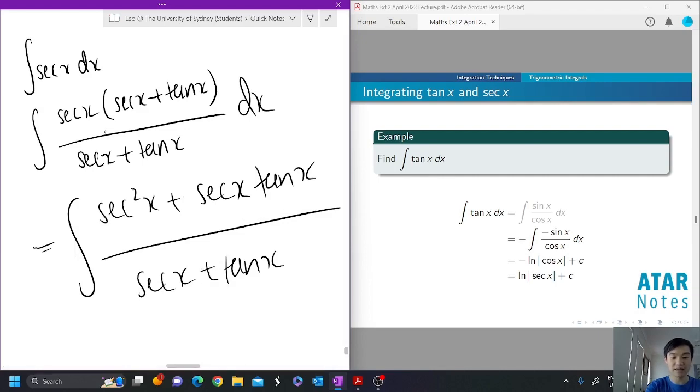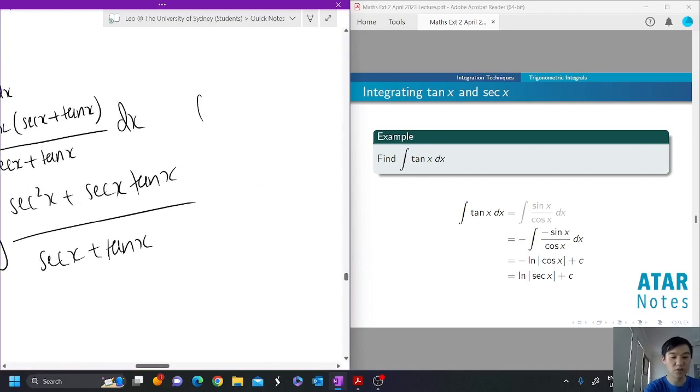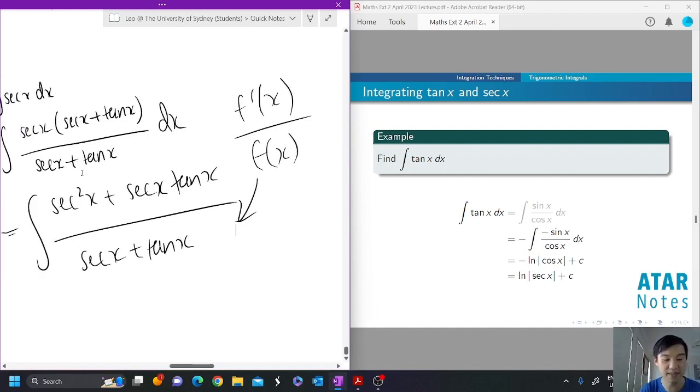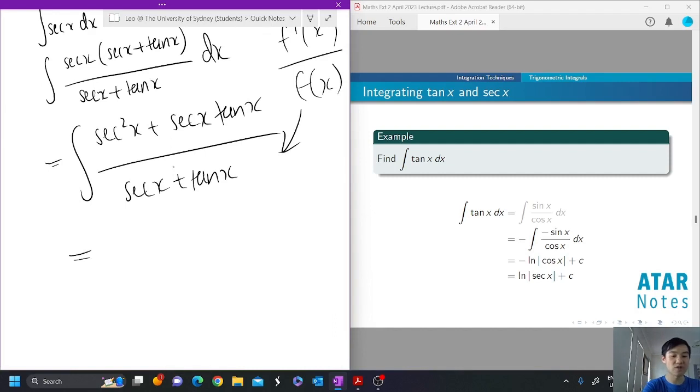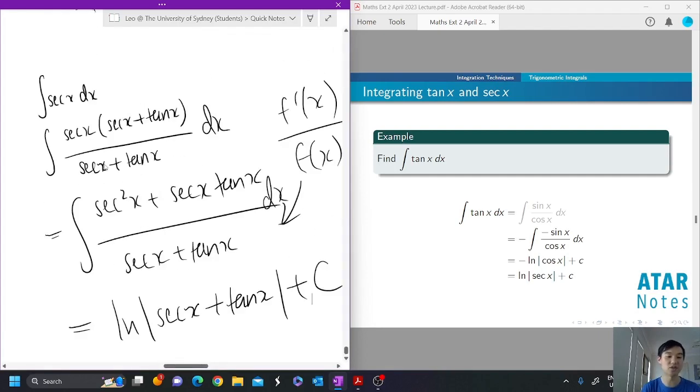So basically, this is in the form of f dash of x over f of x. Because the derivative of sec x plus tan x is sec x tan x plus sec squared x, which is what we have here. So when we integrate, this will give us ln absolute value of sec x plus tan x plus c. And that's how we integrate sec x.